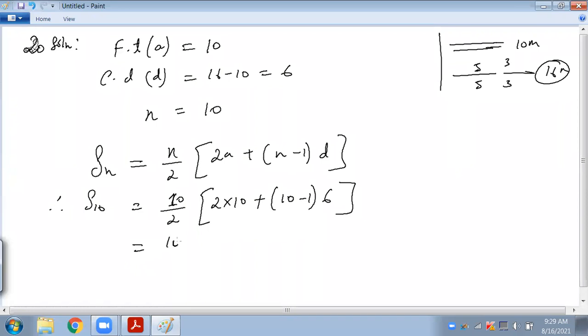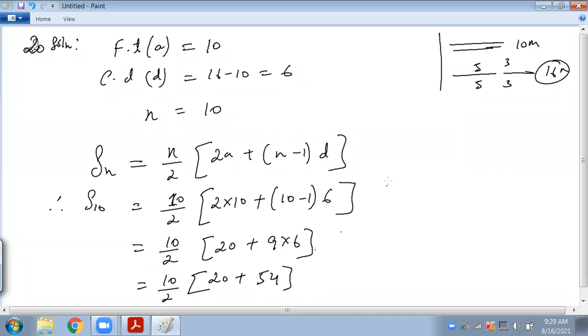Okay, so let's solve it. 2 into 10, 20 plus 10 minus 1 is 9 into 6, all multiplied by 10 by 2. Okay, solve the bracket. So 20 plus 9 sixes are 54. Again, solve it. 20 plus 54 will be 74.